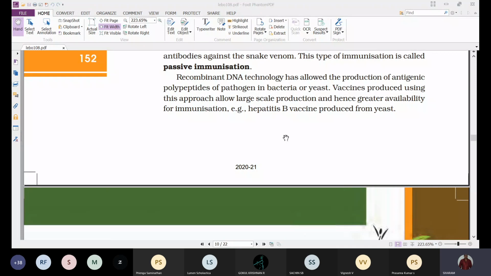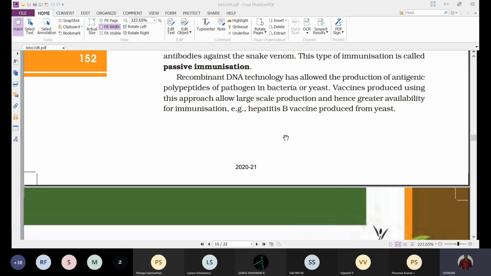The first generation vaccines are the vaccines which are produced by using inactivated or attenuated pathogens. If you are preparing vaccines by using inactivated or attenuated pathogens, then such vaccines we call first generation vaccines.